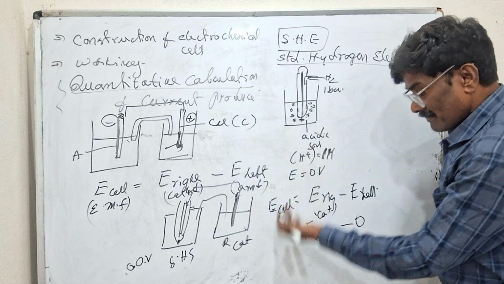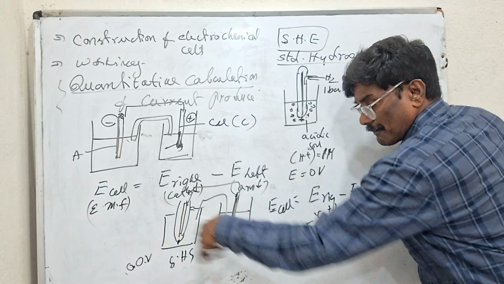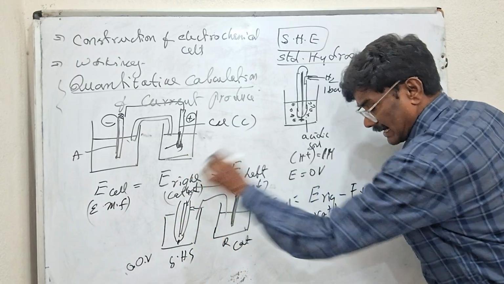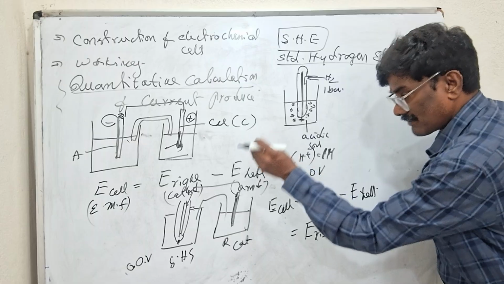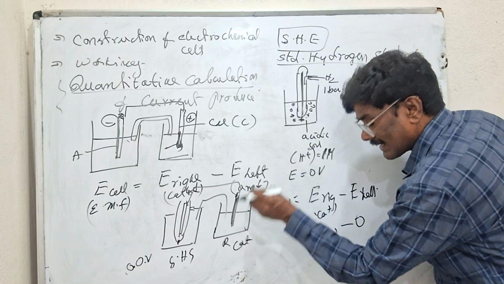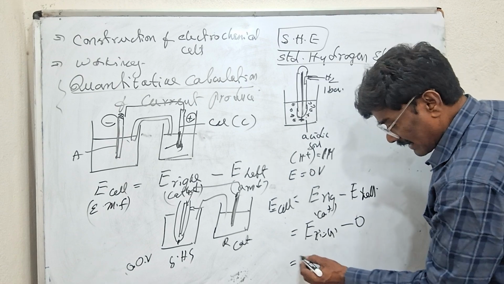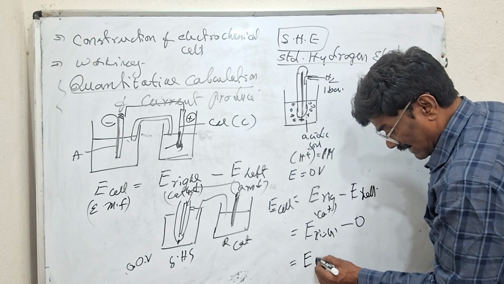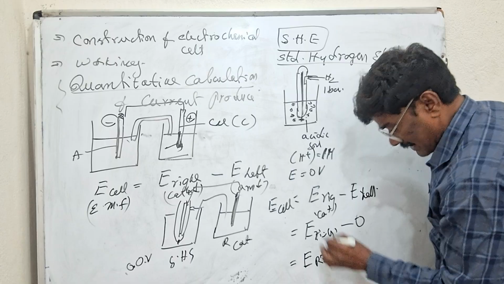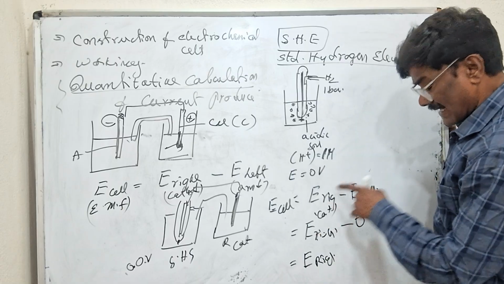It means the cell potential is nothing but the electrode potential of the cathode, because this is minus 0, we get E of the right only. Right minus left.